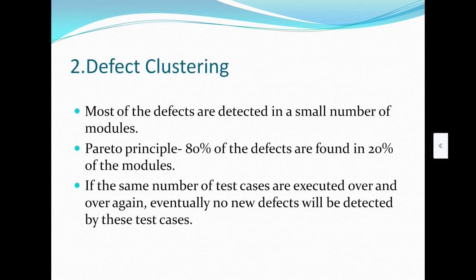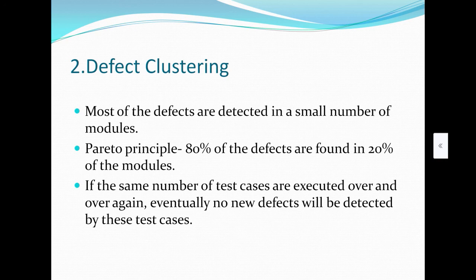This makes sense because let's say, for example, in the first cycle we have detected 10 defects for an application within those 20% identified modules. But over the period of time, in subsequent cycles, the number of defects reduces, eventually becoming 0, which means you don't find any new defects using the existing old test cases.